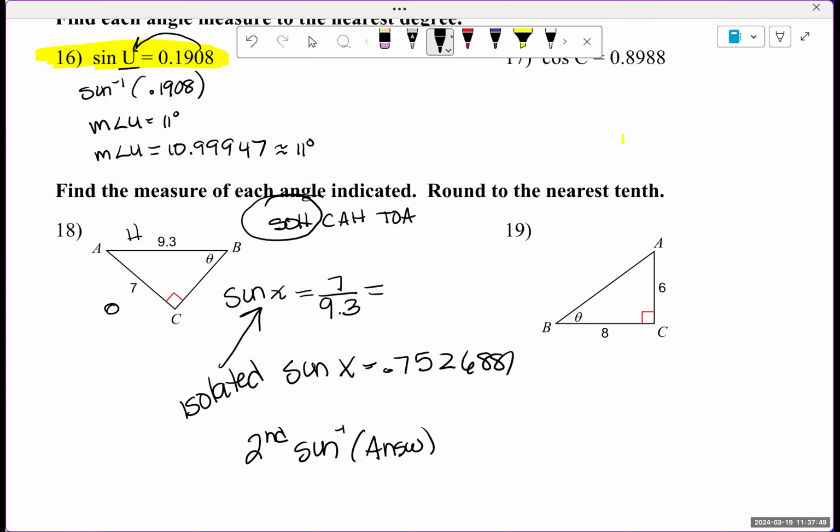This is the way I like to do it, and it puts the answer in for me from above. But you can just type in the decimal, 0.7526881 equals. So theta is approximately equal to, to the nearest tenth, 48.8 degrees.